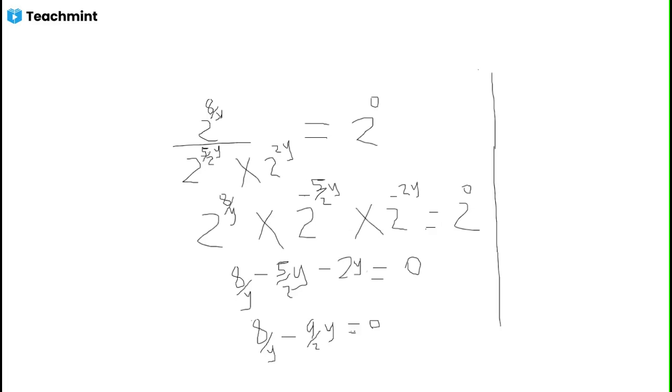Minus 5/2 minus 2 is like adding 2.5 plus 2. What is 2.5 plus 2? 4.5. That is why I have written 9/2, because 4.5 is the same as 9/2.